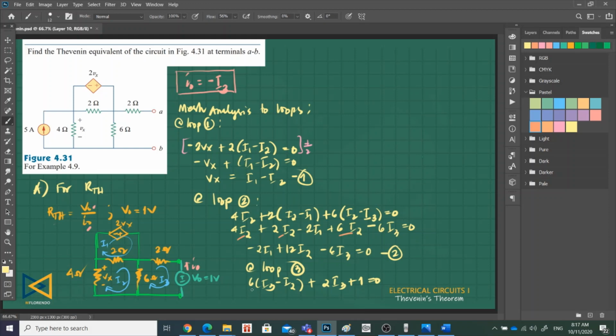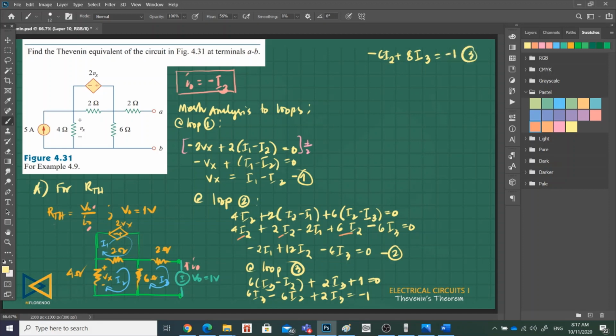So, arrange natin. 6I3 minus 6I2 plus 2I3 equals negative 1. Simplify natin. Dito na lang yung continuation. Okay, negative 6I2 plus 6I3 plus 2I3, 6, 7, 8. So, plus 8I3 equals negative 1. This is equation 3.